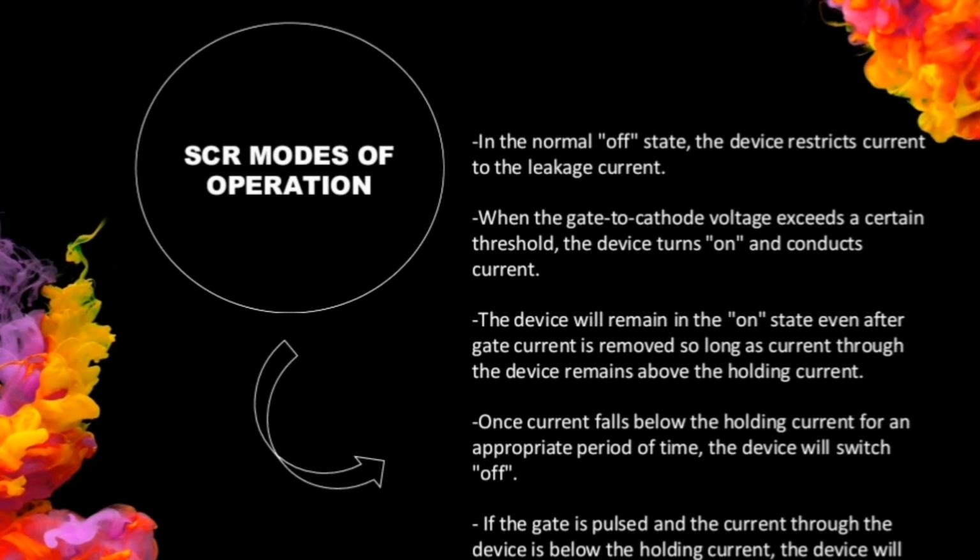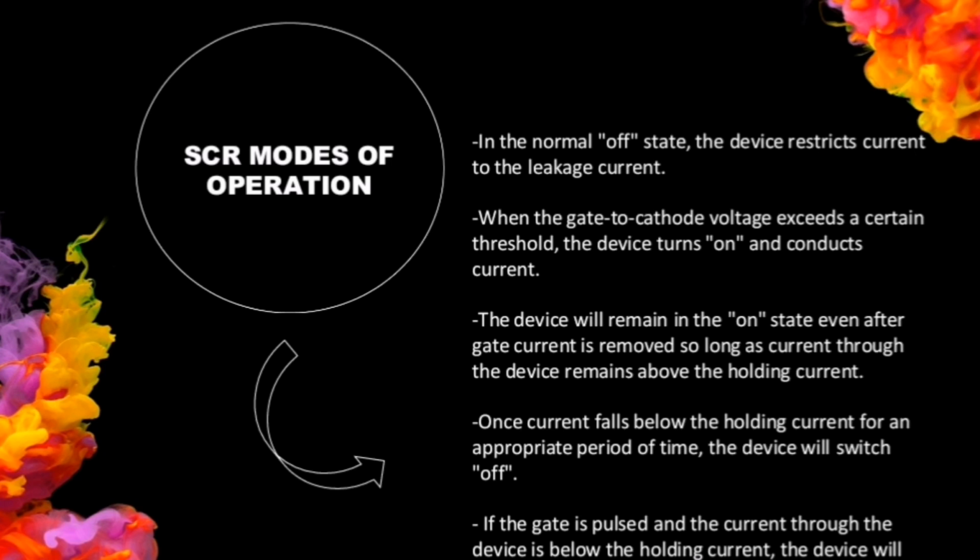Next, SCR modes of operation. In the normal off state, the device restricts current to the leakage current. When the gate to cathode voltage exceeds a certain threshold, the device turns on and conducts current. The device will remain in the on state even after the gate current is removed, so long as the current through the device remains above the holding current.